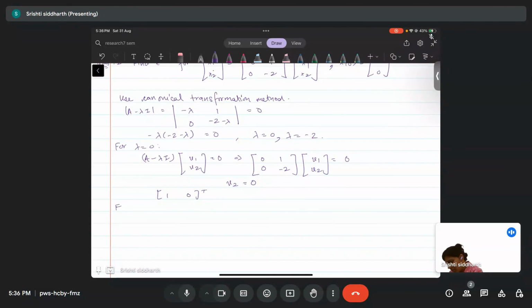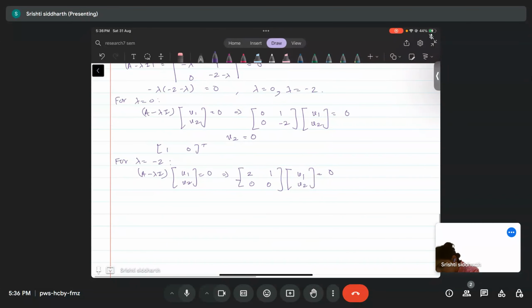Similarly, for lambda equals minus 2, A minus lambda I times v1 v2 equals 0. So this becomes 2 1 0 1. You can see we just have one equation because this row is completely 0. So we have 2v1 plus v2 equals 0, which means that v2 is minus 2 times v1.